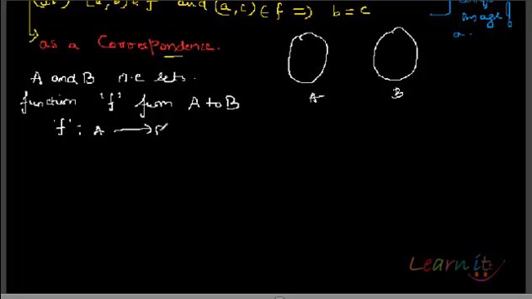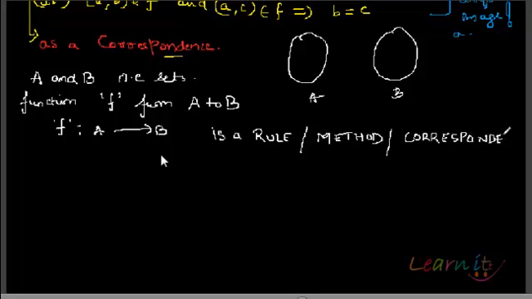It's written as F goes from A to B. It is a rule, a method, a correspondence which associates the elements of the set A to the elements of the set B in a certain manner.